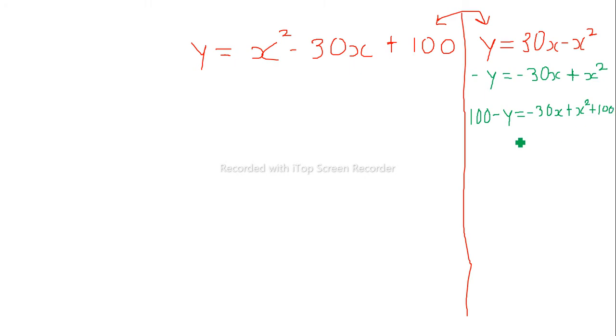Good. And so here we have 100 minus y is equal to, we could rewrite this side as this, which is exactly the same thing. So this is going to be x squared minus 30x plus 100, and this is going to be 100 minus y. So this is what we have.